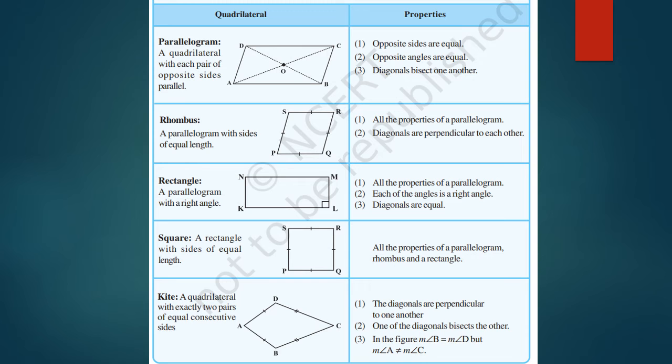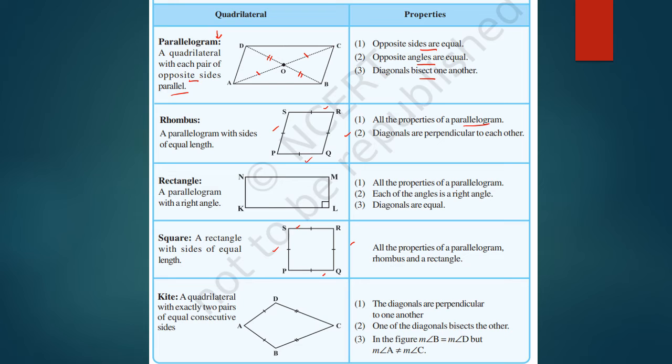Next, these are just a recapitulation. When you are given a parallelogram, it has opposite sides parallel, opposite sides equal, opposite angles equal, and diagonals bisect each other. That means this is equal to this and OD is equal to OB. When it is a rhombus, all sides are equal, just like a square.